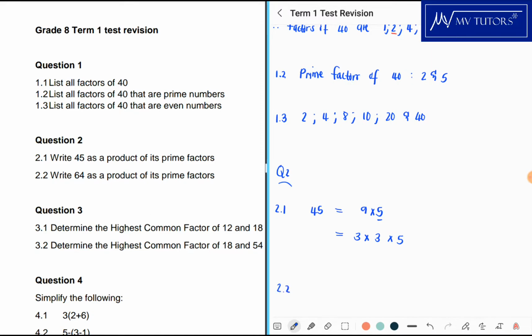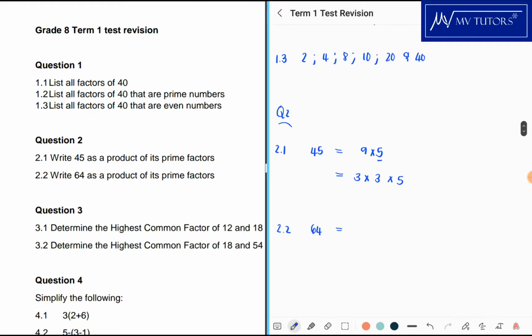What about 2.2? Write 64 as a product of its prime factors. Okay, so I know that 64 is 8 times 8. If you know your square numbers, if you have touched that topic yet. So 64 is 8 times 8, and I know that 8 is actually 2 times 4, right?